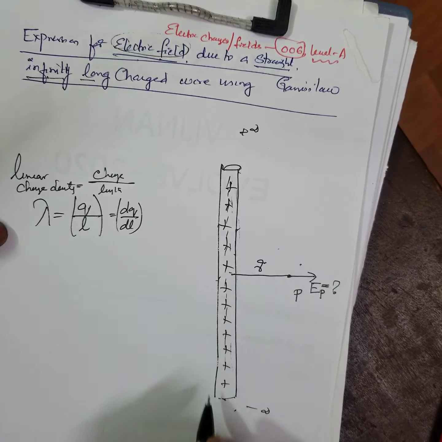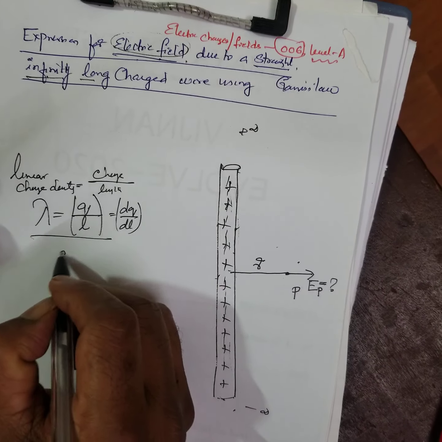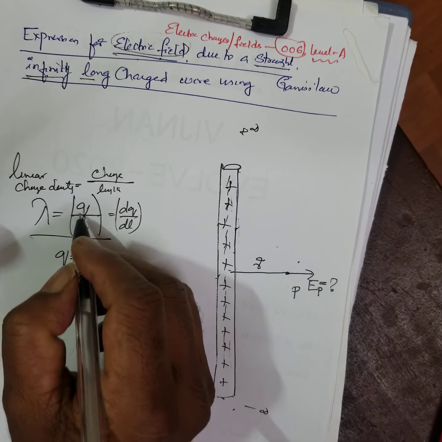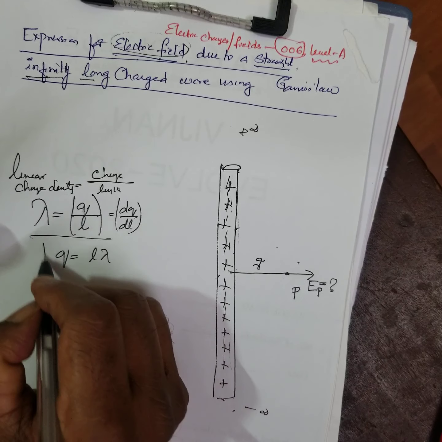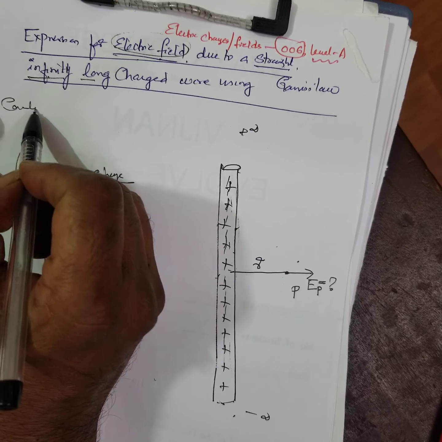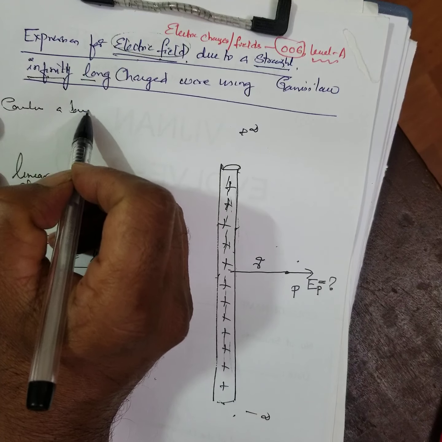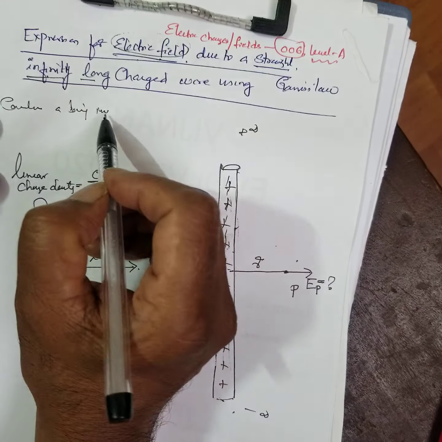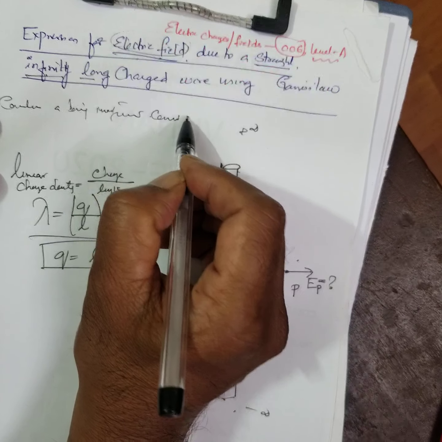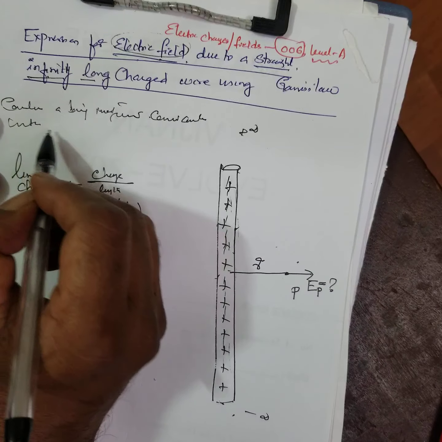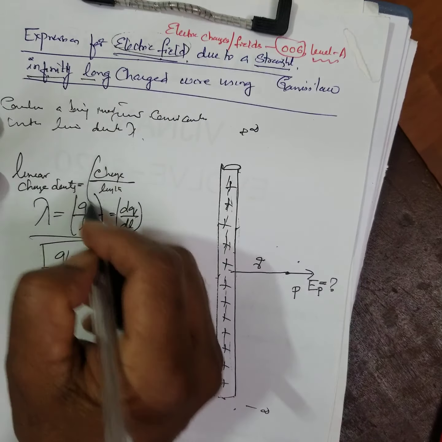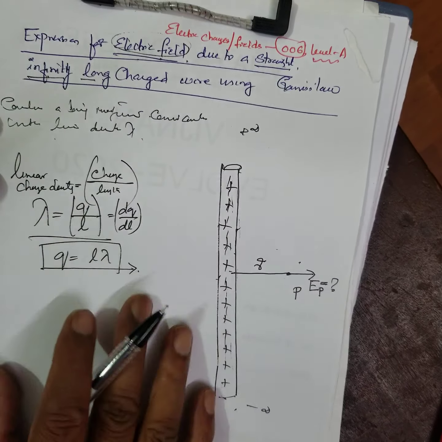Therefore, the total charge Q in the conductor is equal to L into lambda. Write the description: consider a straight, long, infinite charged conductor with linear density lambda. That sentence you write.